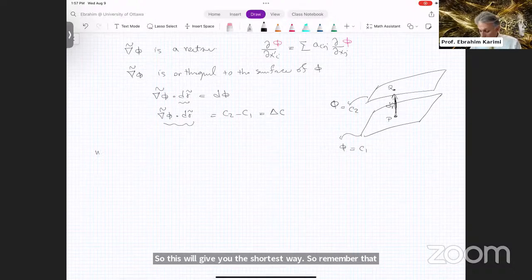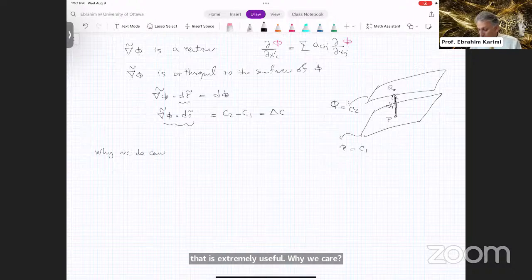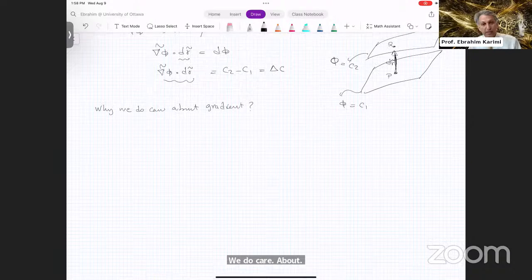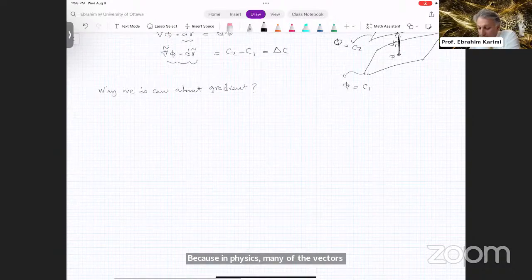Why do we care about gradient? Because in physics, many of the vectors appear as the gradient of a scalar.